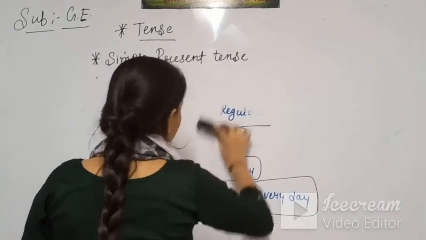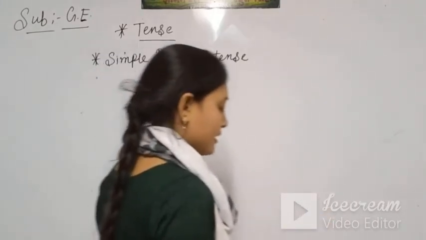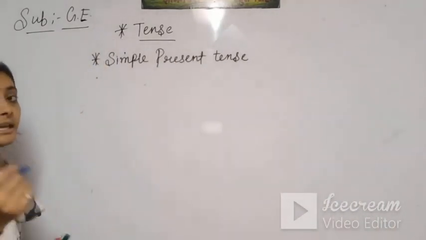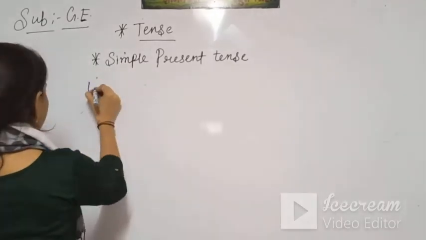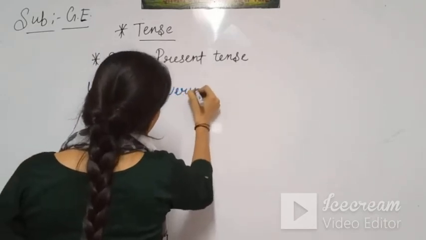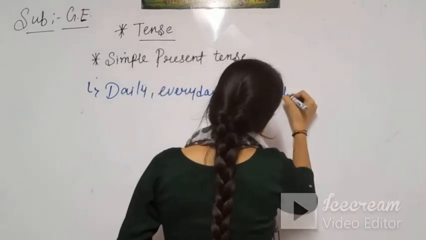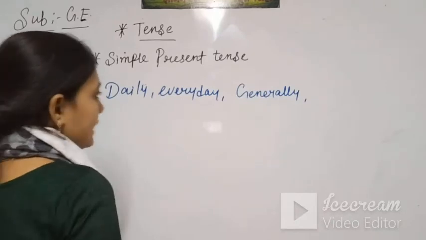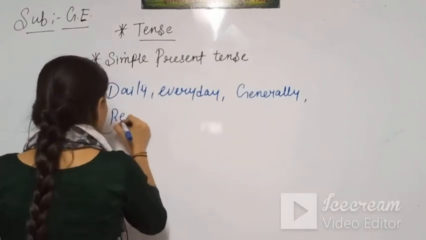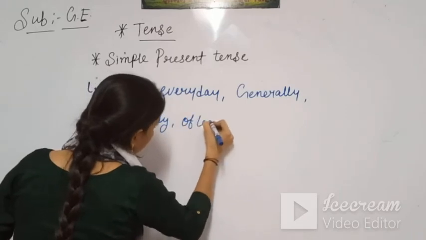Now how do we know that these are our daily activities? If specific words are there, then we can say that this is the simple present tense. So specific words are daily, every day, generally, regularly, often.